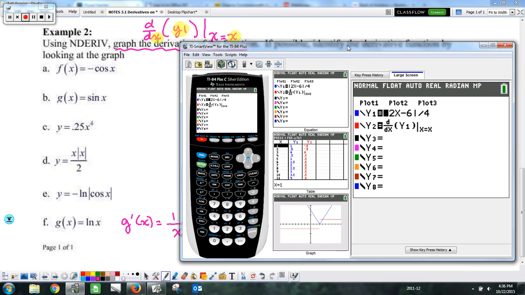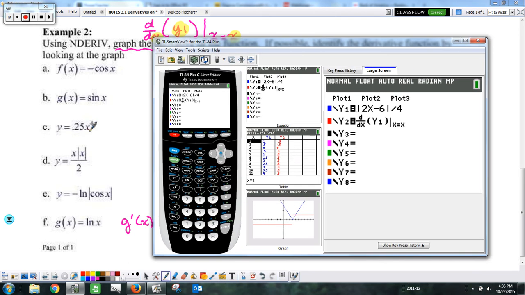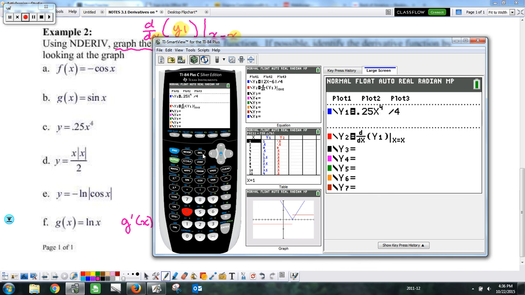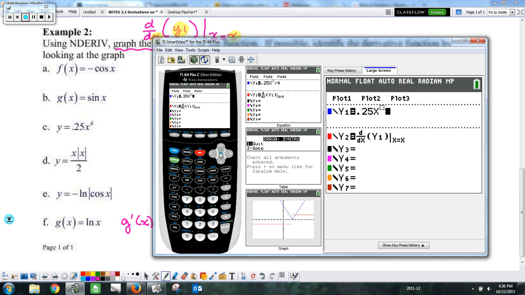For example, when you look at 0.25x to the fourth, we'll do one together and then I'll leave the rest for you to finish. If I do 0.25 and then x to the fourth power, oops, I need to delete this stuff and put my fourth power back in.